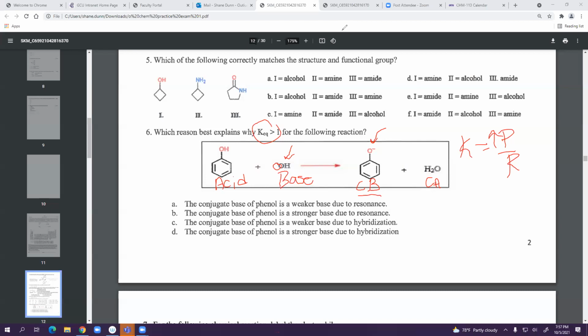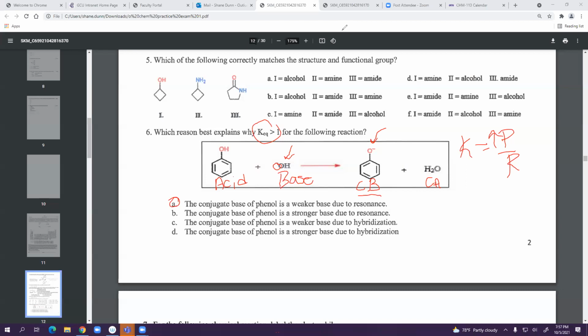So the answer is A. A weaker base, because it's not an equilibrium, so it can't go backwards, right? The conjugate base is weaker than the normal base.